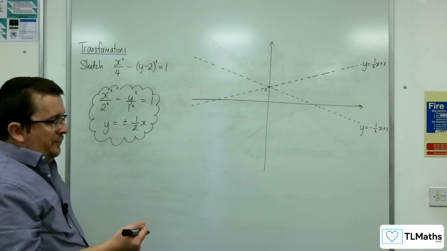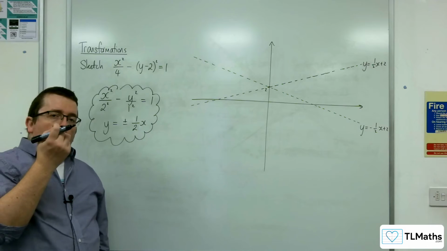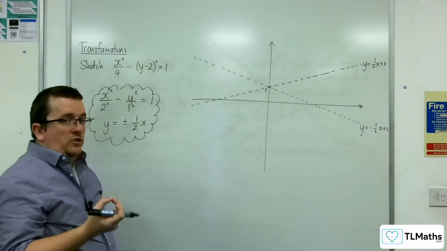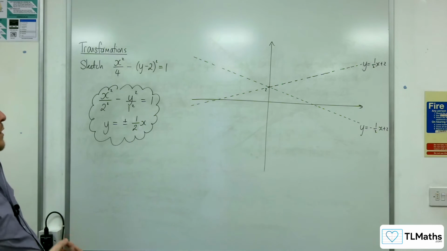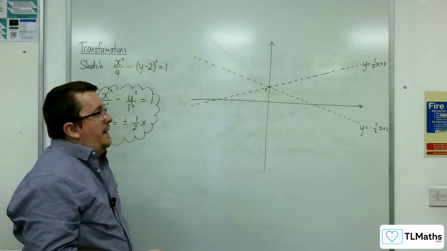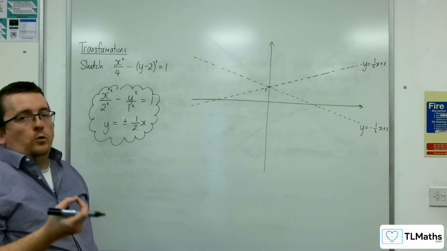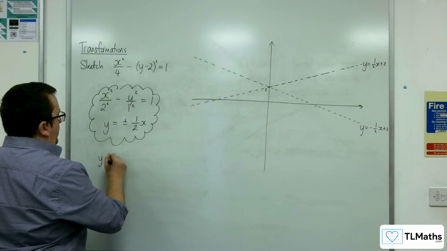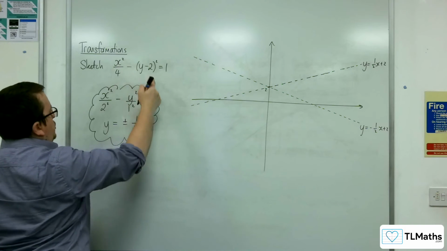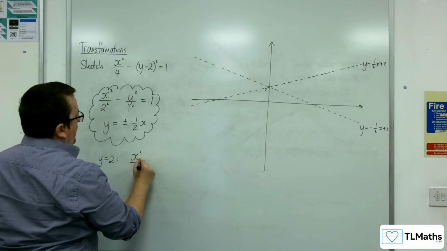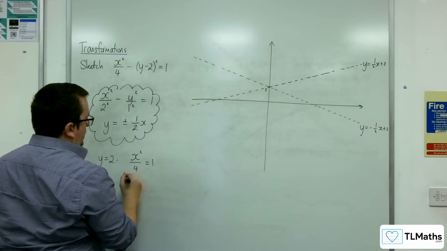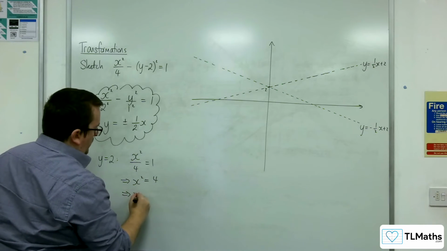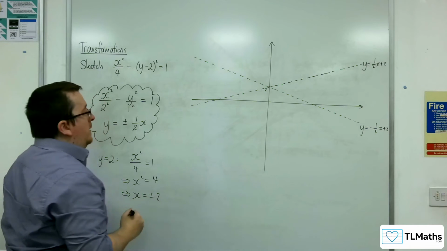Well, I know that the asymptotes intersect at (0, 2). So really, I want to know the values of x for which y equals 2. So I substitute y equals 2 into this equation, and I get x squared over 4 equals 1. So x squared is 4, which means that x is equal to plus or minus 2.